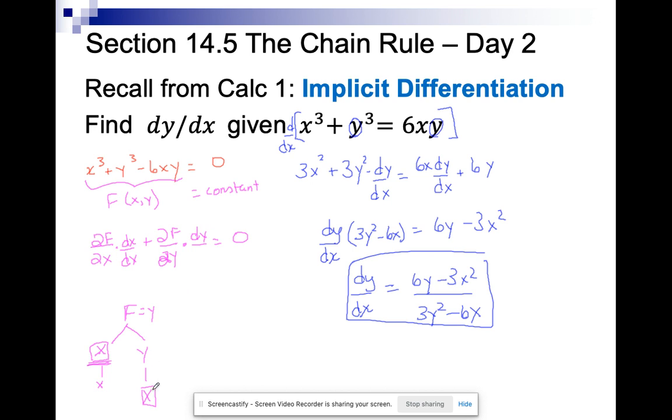Now remember, I am just in terms of one variable, so I don't have to use my partials. Can you get dy dx by itself now? This is a 1, so it's negative del f over del x divided by del f del y.